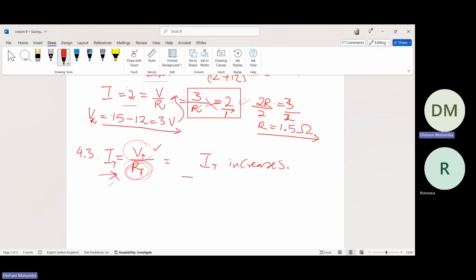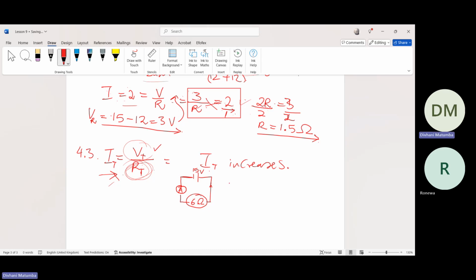Okay, so do you agree that the new circuit will be as follows? So we have A, and here the effective resistance is actually 6 ohms. And now that we have removed R, we have this case.